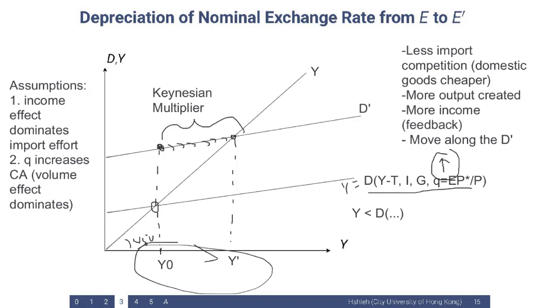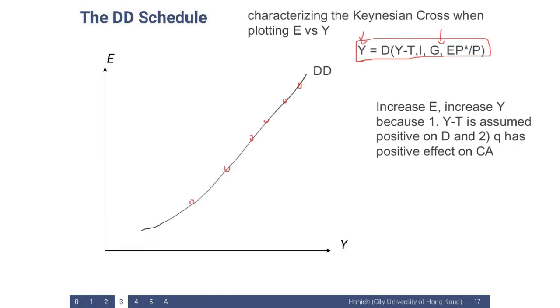All right, so based on that relationship, we can now talk about the DD schedule. So remember what the DD schedule is doing. It's characterizing the Keynesian cross when plotting E versus Y. That's all we're doing, okay?